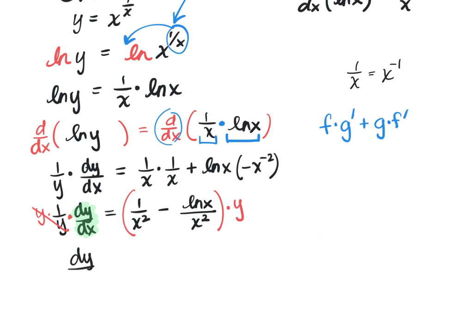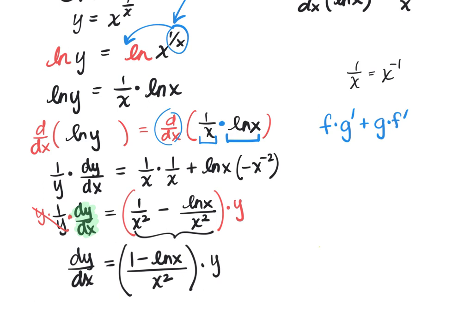So dy dx, the derivative of y, will be equal to, we could leave this quantity here the way you have it, or you could notice that you do have a common denominator. So if you wanted to write it as one big fraction, you certainly could. And that's going to get multiplied by y. Now we don't want to leave our answer like this because we have our derivative in terms of both x and y. Rather, we want to get rid of this y.